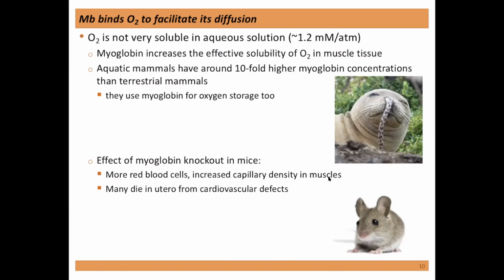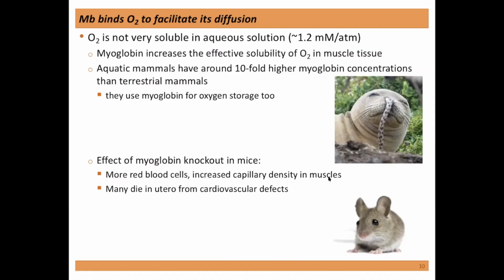So the purpose of myoglobin, it does help oxygen diffuse, but you can knock out the myoglobin gene in mice. You notice a couple things: the mice will tend to have more red blood cells, and they actually have increased capillary densities in their muscles, meaning that they need greater density of the capillaries to deliver oxygen there.